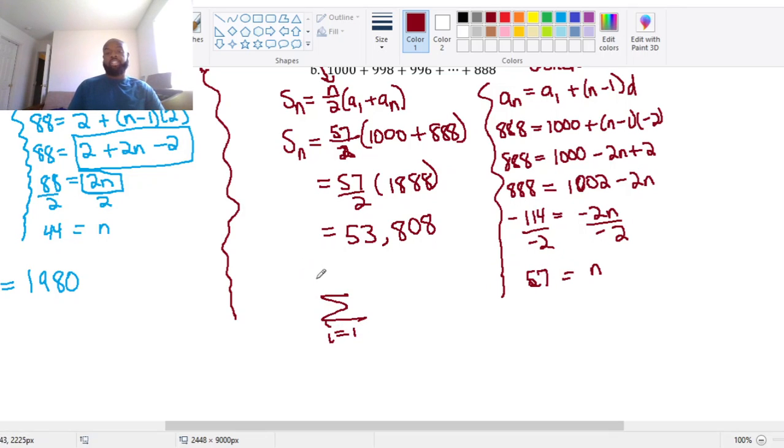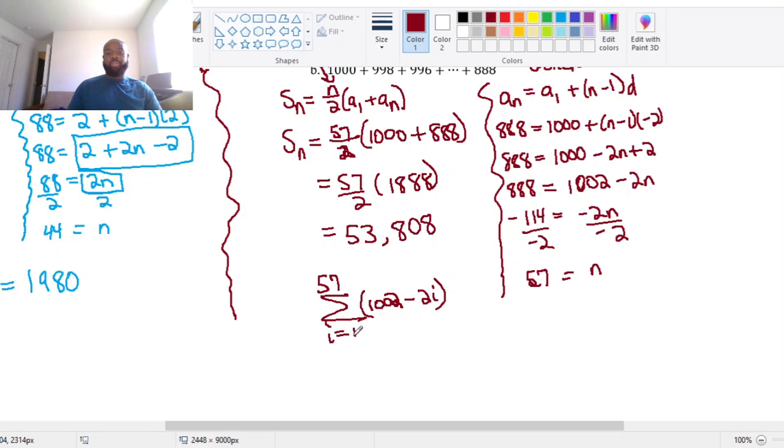and our n here is 57. Our general term is 1002 minus 2 times i. Remember, if I plug in i equals 1, I get 1002 minus 2, which is 1000.